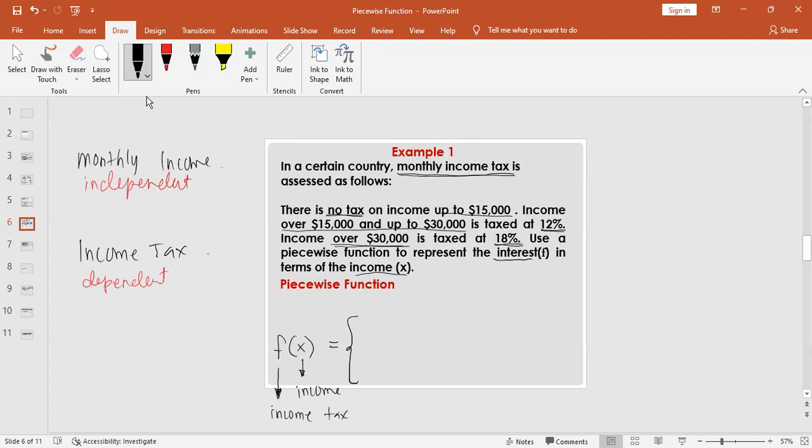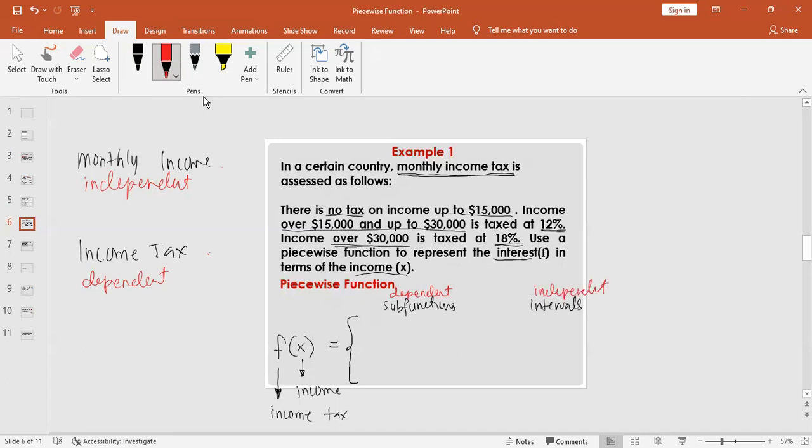Next, draw a brace, and then in writing the subfunctions, we use the dependent variable. Okay, and in writing the intervals, we use the independent variables. So anong purpose nito?